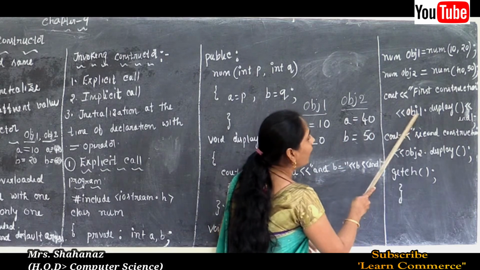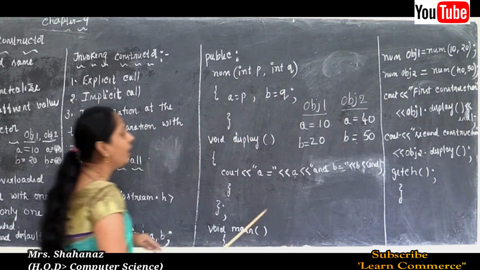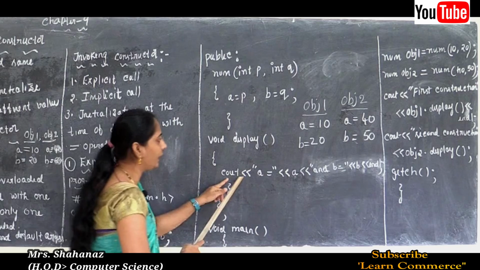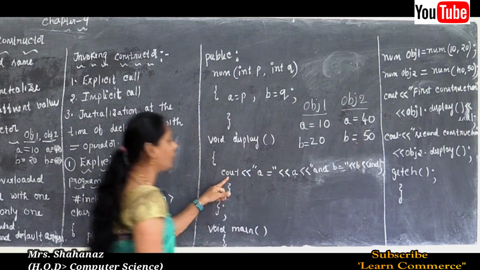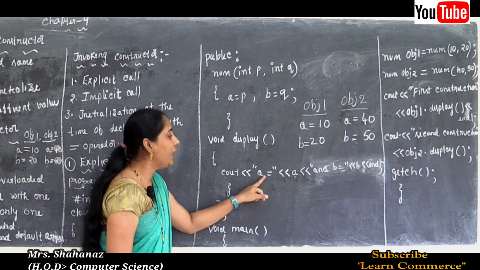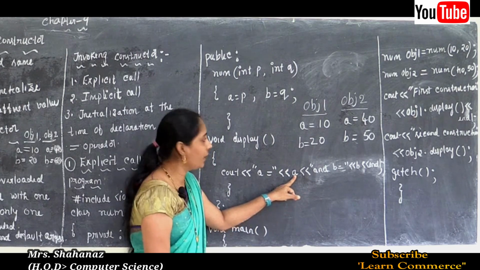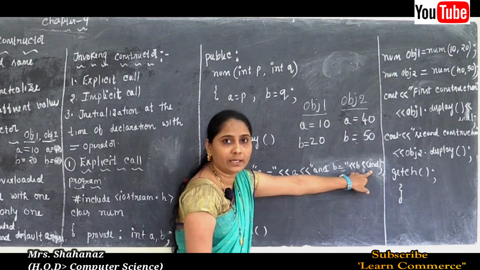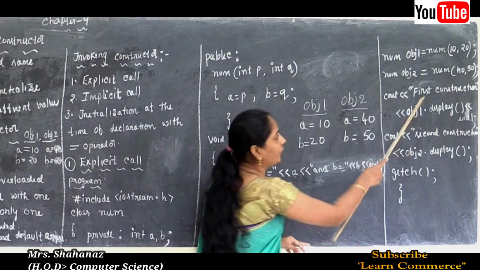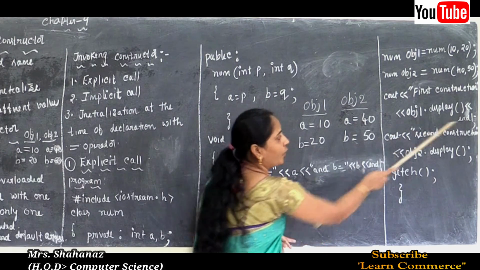That means the obj1 values are going to display; in obj1, the values we already wrote. The obj1 dot display is going to display a as in the message a is equal to 10 and b value is equal to 20. Clear this point here? But before that it is going to display the first construction, and then the second one. Why? Because endl is there.